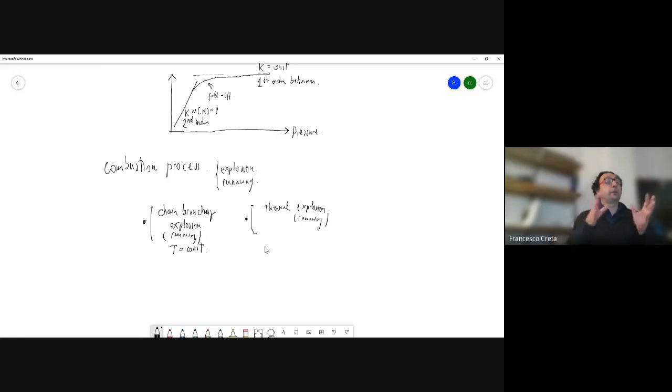So typically, chain branching as well as thermal explosion are feedback systems, where you have a runaway mechanism that can be introduced. By the way, this is very similar to how, especially the chain branching system, how a virus really spreads around very rapidly.